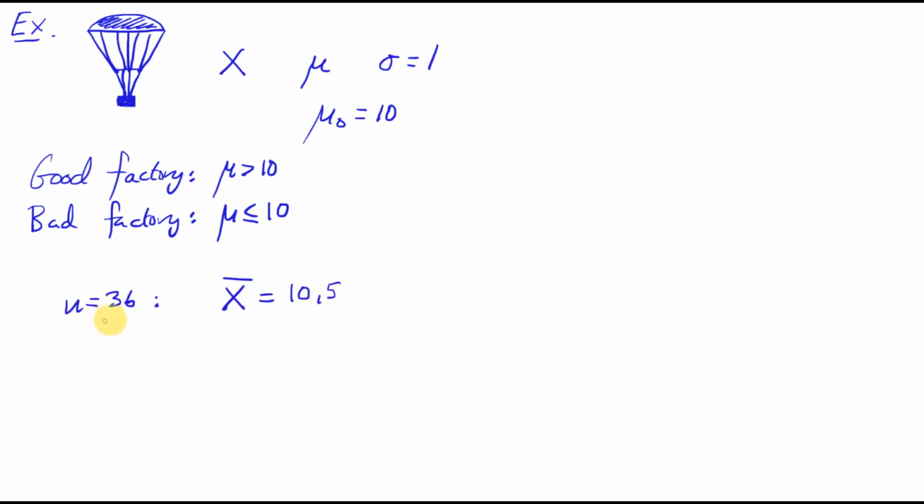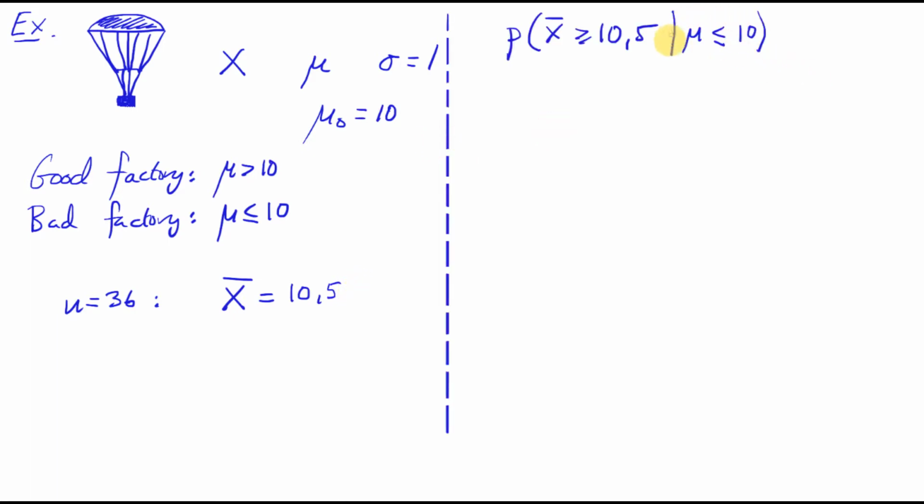A sample of 36 parachutes says that the parachutes can in mean withstand a load of 10.5 tons. Even though the sample indicates that the factory is a good one, also a bad factory can produce this mean. So the military can't be sure that the factory is good.